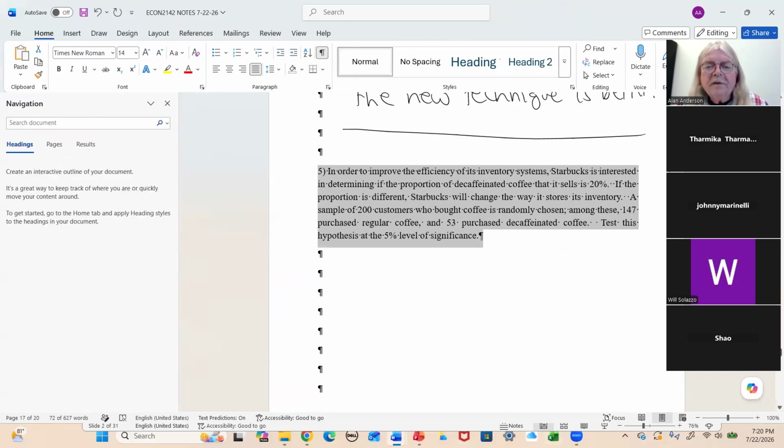So in order to improve the efficiency of its inventory systems, Starbucks is interested in determining if the proportion of decaf that it sells is 20%. Okay, now because of the way they said that, is it 20 or not?